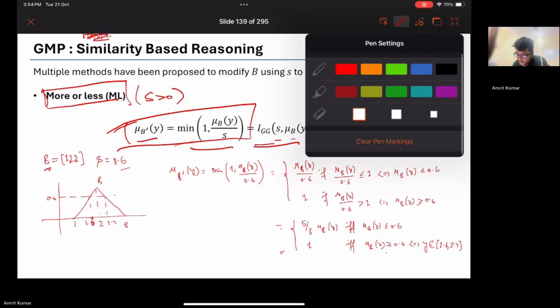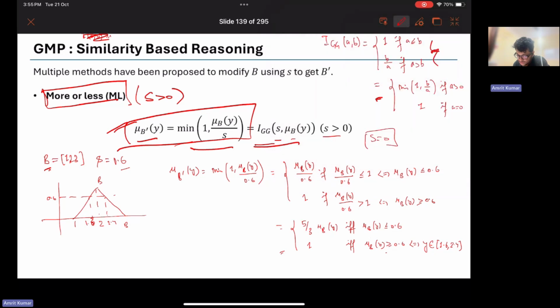So maybe I will draw that fuzzy set here only. So for any y between 1.6 and 2.4, or for any y that belongs to B with a degree that is at least 0.6, it belongs to B dash with membership 1.